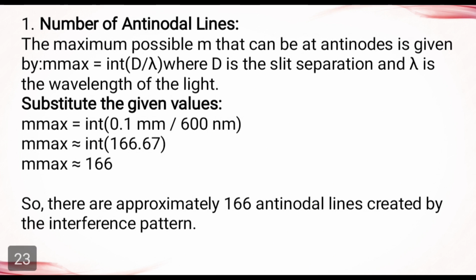M max is equal to 0.1 mm over 600 nanometers, so we have M max equal to 166.67. So there are approximately 166 antinodal lines created by the interference pattern.